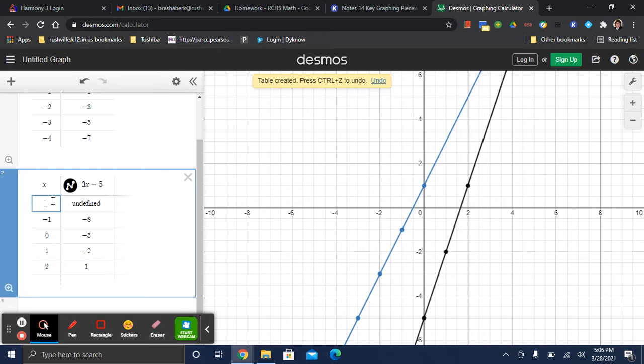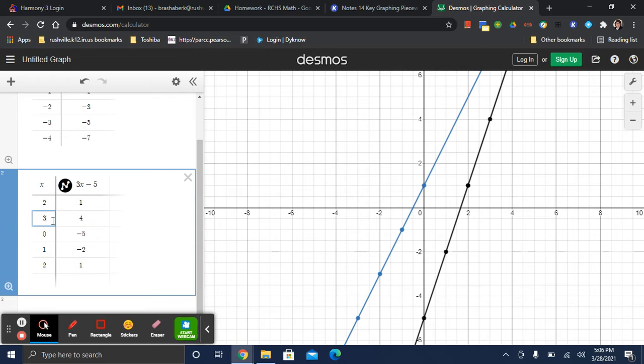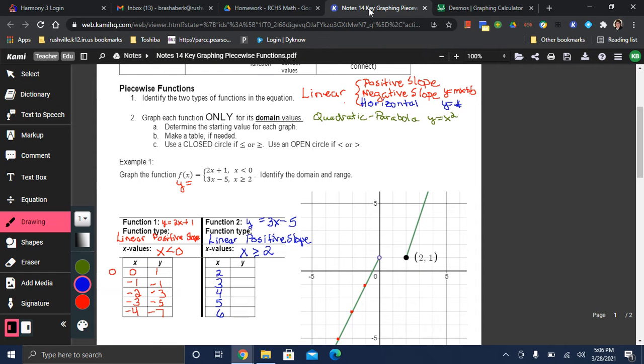So our table, we started at 2, and then bigger 3, and then 4, and then 5, and 6. So here we have 1, 4, 7, 10, and 13 as our y values. So we can fill those in the table.